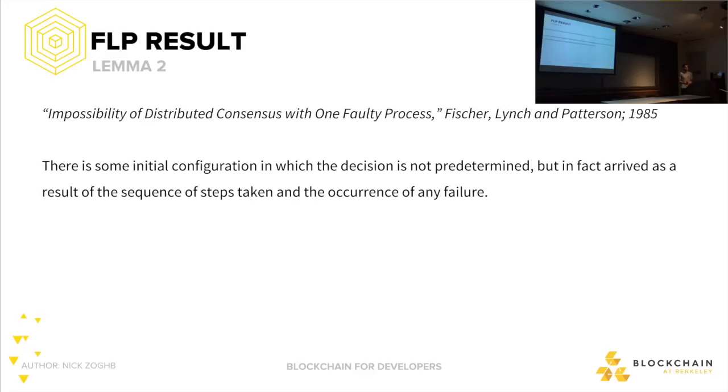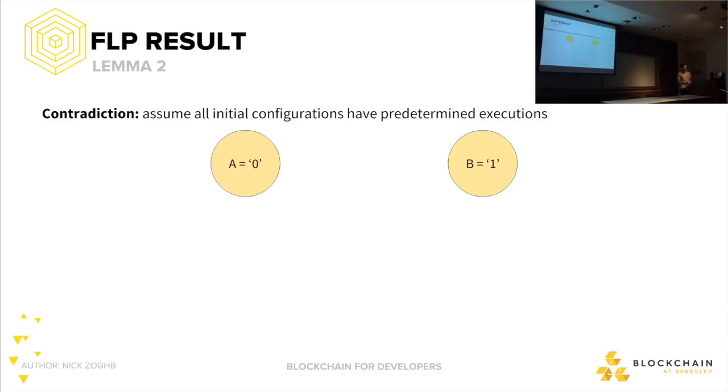And so the proof for that is that you can say assume all initial configurations have predetermined executions, right? So you have a network with two nodes, right? Where node A is 0 and B is 1. Or actually, what is every combination of nodes we can have?